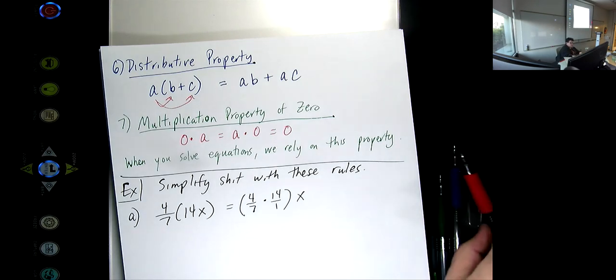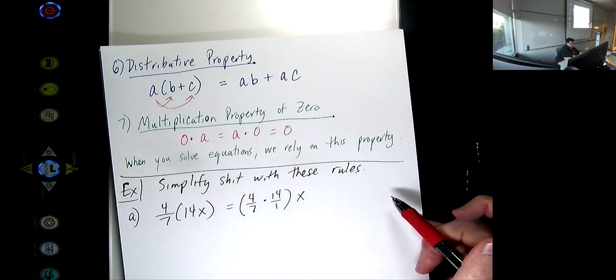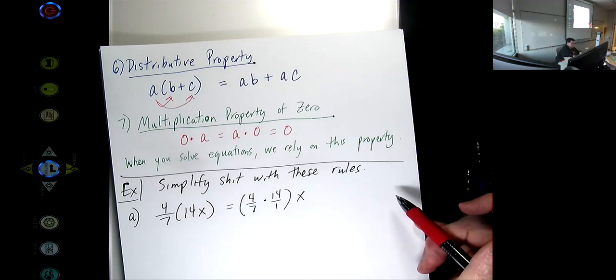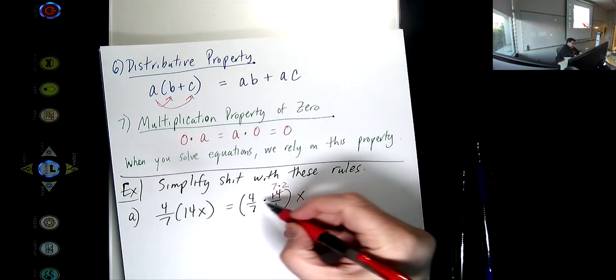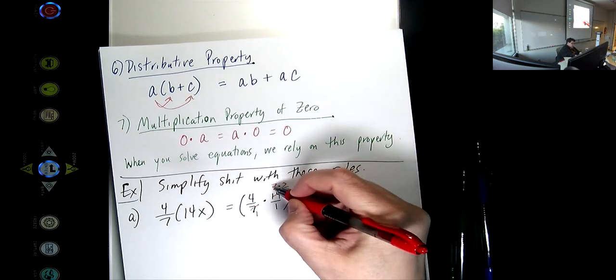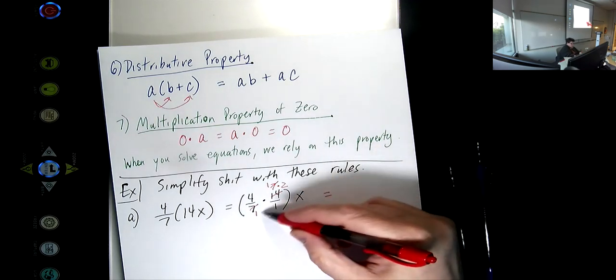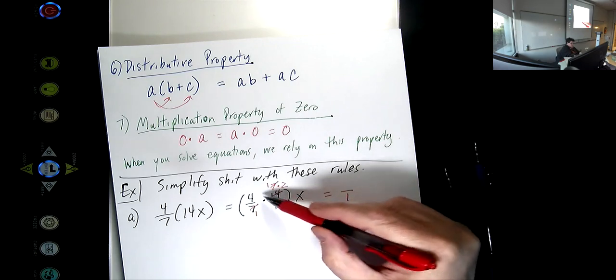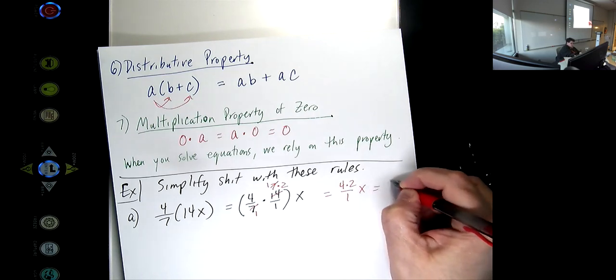So there I used the associative property. 14 is 7 times 2. So I can cross off this 7 and replace it with a 1, and replace that 7 with a 1. And so all I have left on bottom is 1 times 1. On top, I've got 4 times 1 times 2. And this all simplifies down to 8x.